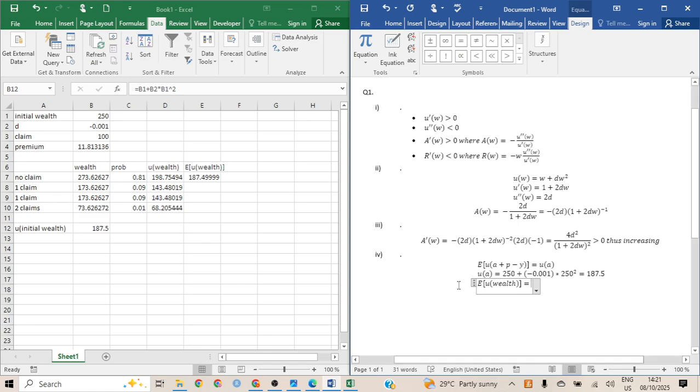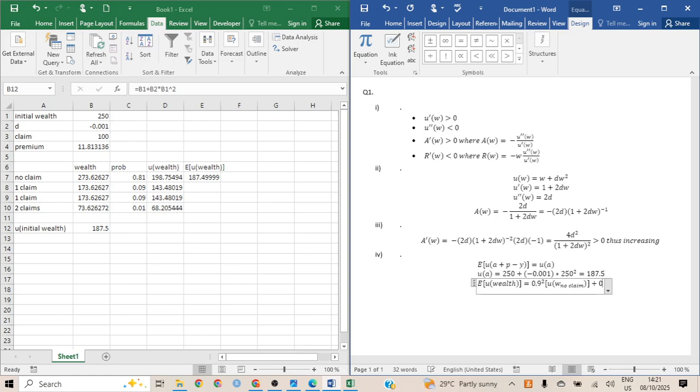here will be, we are going to use the information that we already have in our Excel. So the first one will be 0.9 squared, and then utility of wealth when there is no claim.